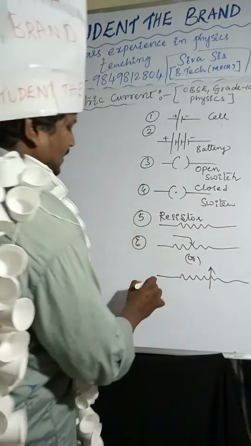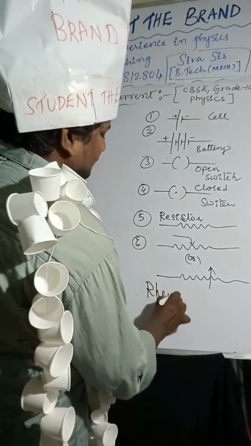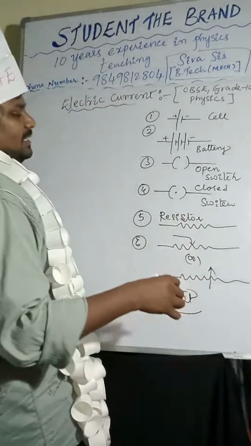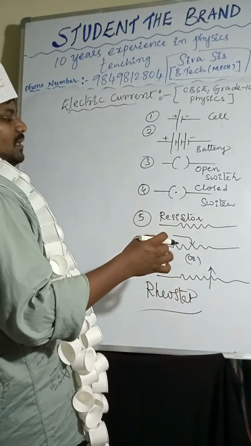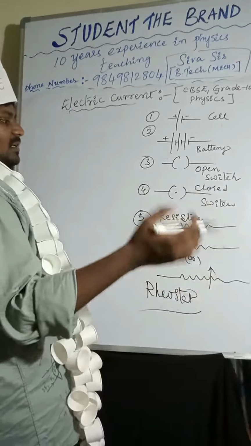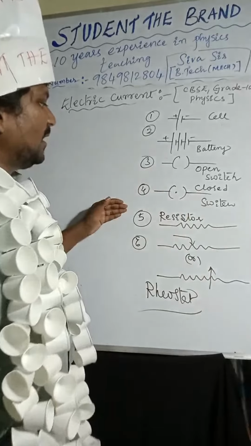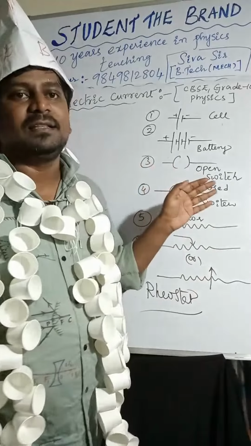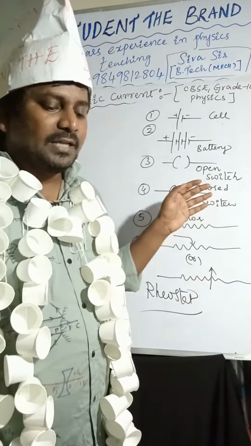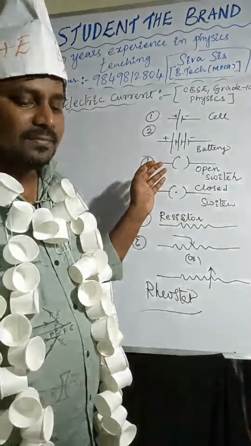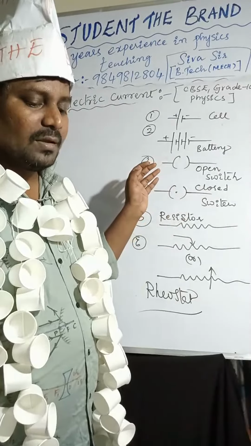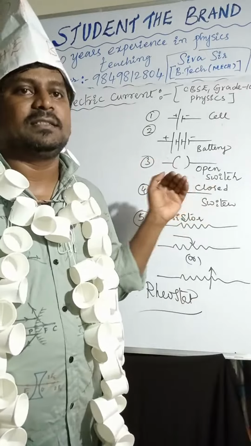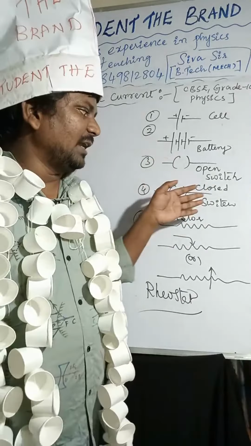Now a resistor is a device which is used to oppose the electric current in the circuit.